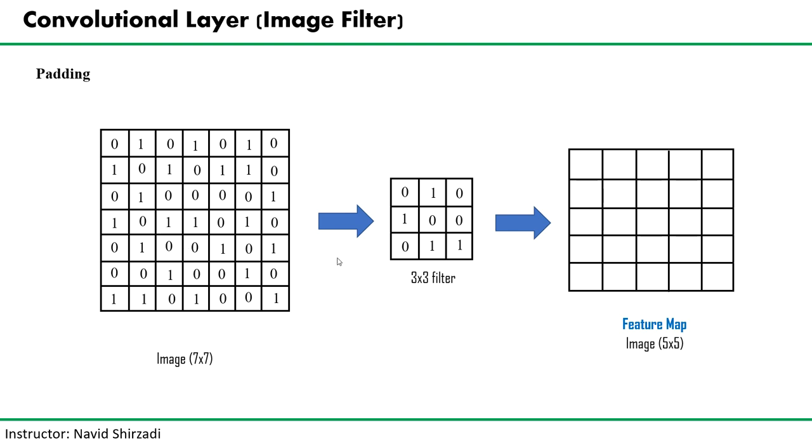What do I mean? So for example, if we put our filter size box in this area, look at my cursor. So in this area, if we put the filter, this pixel has only one chance to be in the feature map, right? But for example, this one has two chances.